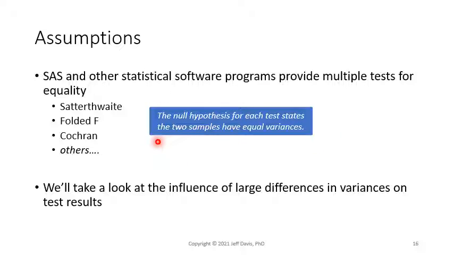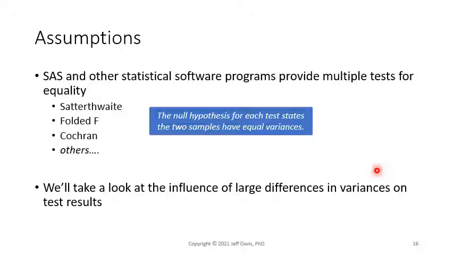The null hypothesis for these tests states that the two samples that we're comparing have equal variances. So there, the p-value will tell you to reject the null or accept the null.